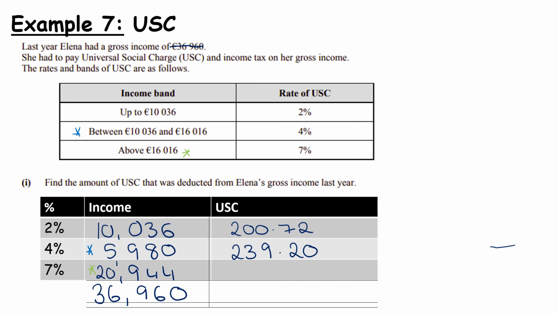We want 7% of that, and we end up with €1,466 and 8 cents. We're going to add these 3 numbers together to figure out the total USC, and that gives €1,906, which represents the total USC deducted from Elena's gross income last year.